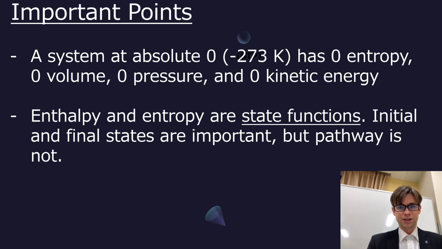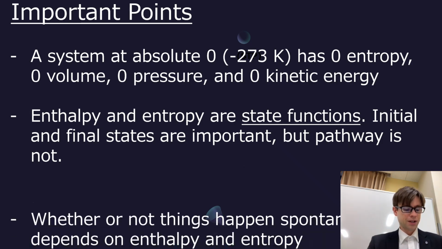So for mathematical calculation purposes, it doesn't matter how you go from point A to point B in this field of energy. If you know something was at point A and finishes at point B, you know the difference in energy between those. That's what we're saying with state functions. Very complicated idea, but I recommend you look it up a bit more if you need.